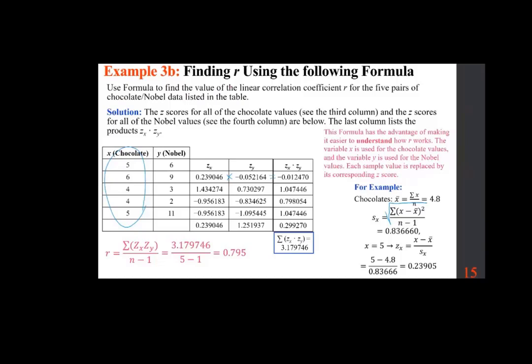For example, for the very first entry, number 5, x is 5, x bar is calculated as 4.8, so 5 minus 4.8, divided by s, which is 0.83666, and it gives you 0.23905. So I hope you see that this number is this number, everybody. If you can calculate one, you can calculate all. Does it take long? Yes, it does take some time.